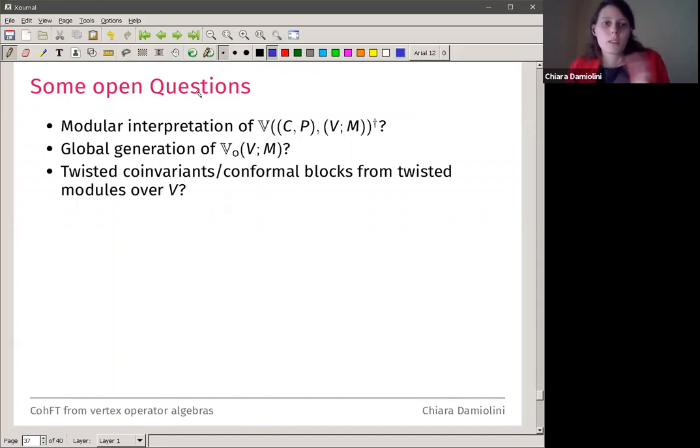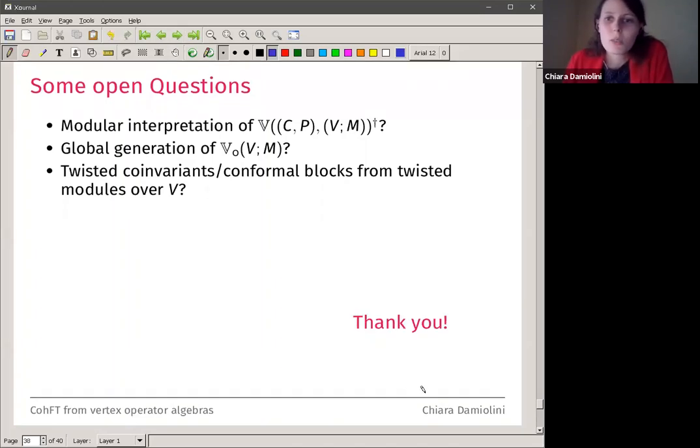There are some constructions of orbifold modules and orbifold conformal blocks. There is a construction of twisted conformal blocks I've carried out in my PhD thesis, just using representations of Lie algebras and coverings. Are these two notions the same? Can we go beyond and study more properties? But I think since my time is up, I just want to thank you all for the attention.